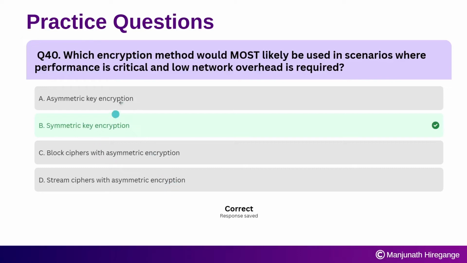The other options either require a lot of computation or reduce performance. So when we look at the scenario of performance and low network overhead, symmetric key encryption would suit best.